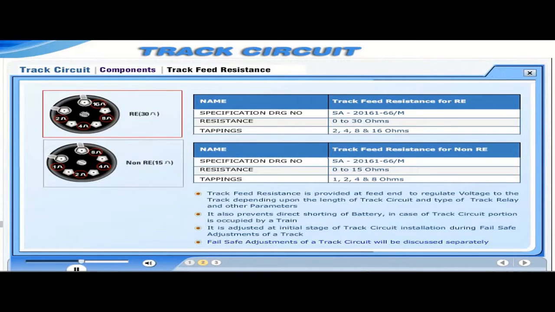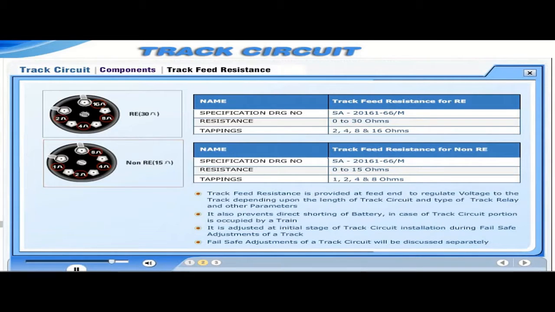Track feed resistance for RE. Specification: DRG number SA 20161-66 by M. Resistance up to 30 ohms and tapping is 2, 4, 8, 16 ohms.